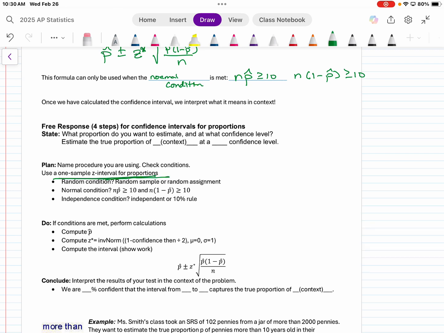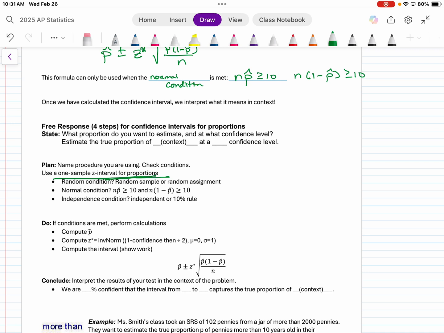We just can't say 1-sample z interval, because we can have a z interval for means. So you're going to have to specify, are we doing proportions or means? Right now we're only doing proportions, so it makes sense. After spring break, in the means unit, we have to make sure we specify. We have to show all of our conditions: random, normal, independence.